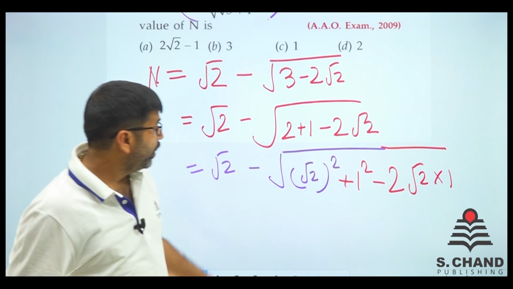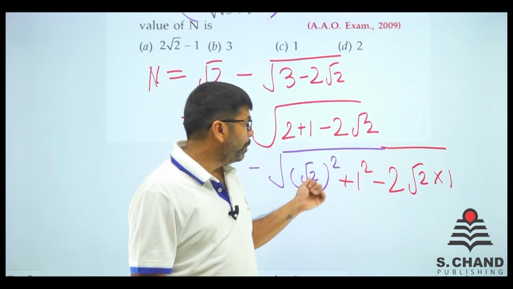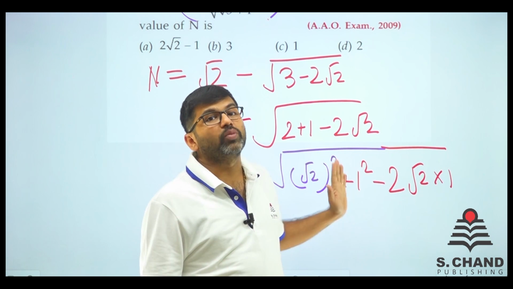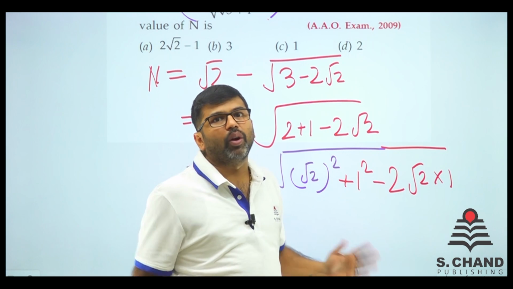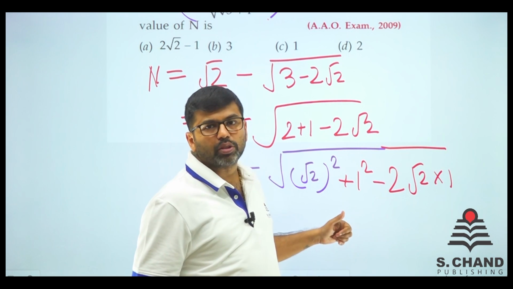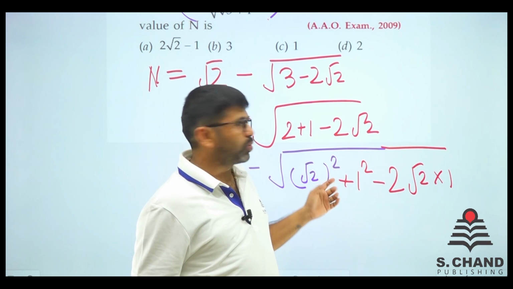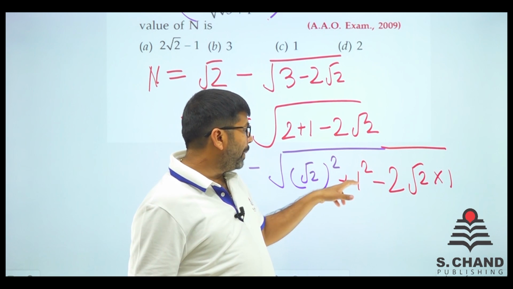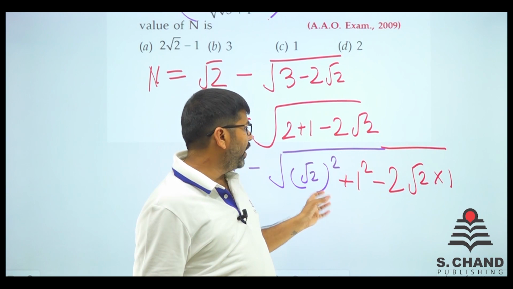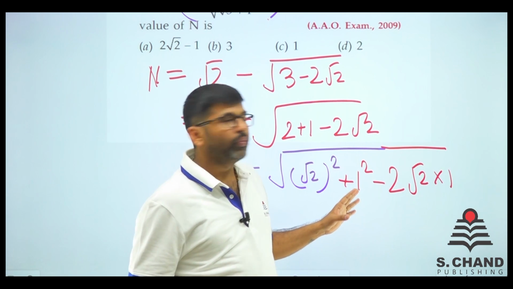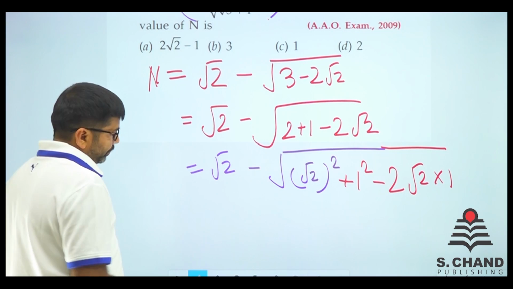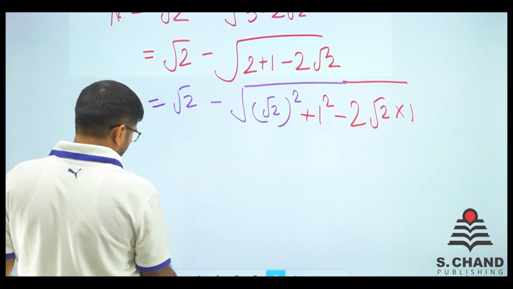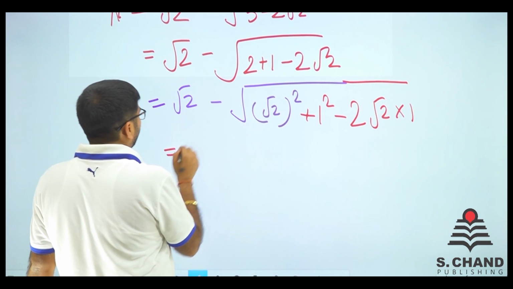Why did I do so? a square minus 2ab plus b square is equal to a minus b whole square. If you remember, a minus b whole square, a is root 2, so root 2 minus this. So it will be a very simple thing for you. I'll keep that symbol.